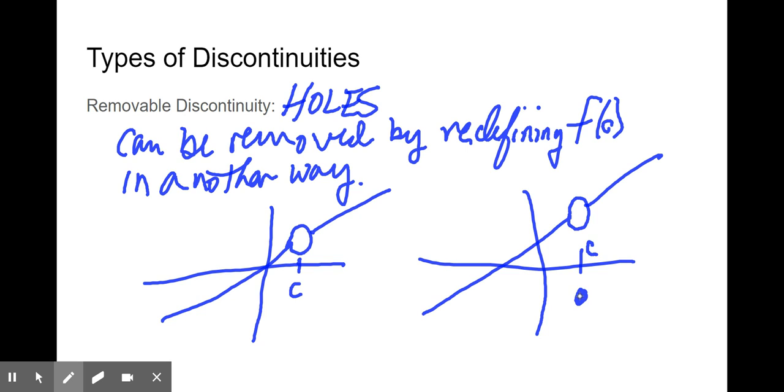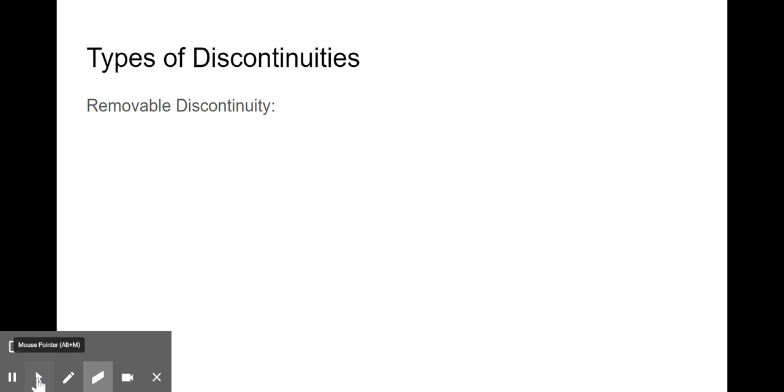We'd really like for this point to be up here because that would spackle the hole and make this line continuous. So that's the concept behind removable discontinuities. What you need to know for now is that holes are removable discontinuities, and these two pictures represent two types of holes that you could have in your graph.